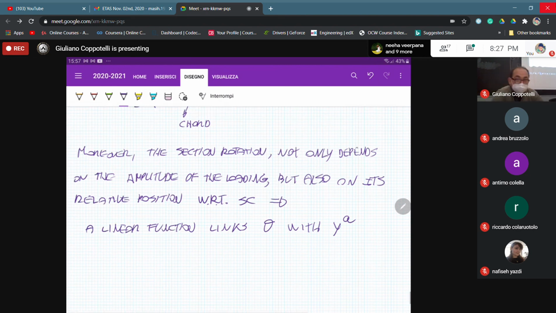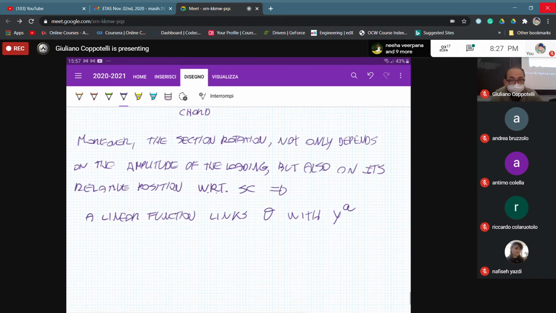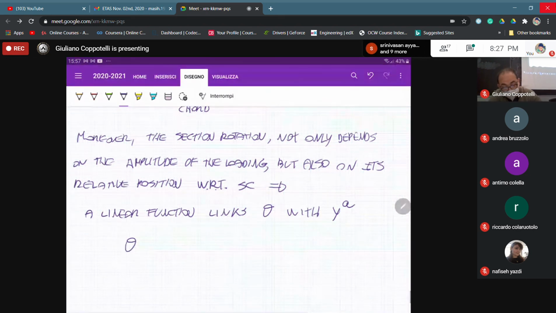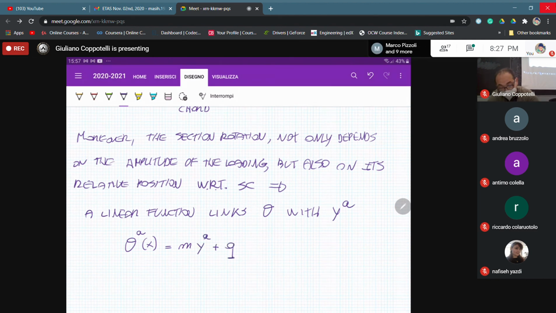So what we can say is that theta, the rotation of this section, when the load is applied at the condition A, at distance YA, could be written as a linear relation like this, in which M and Q are the slope and the known constant of this linear relation, with respect to YA, that is the position.